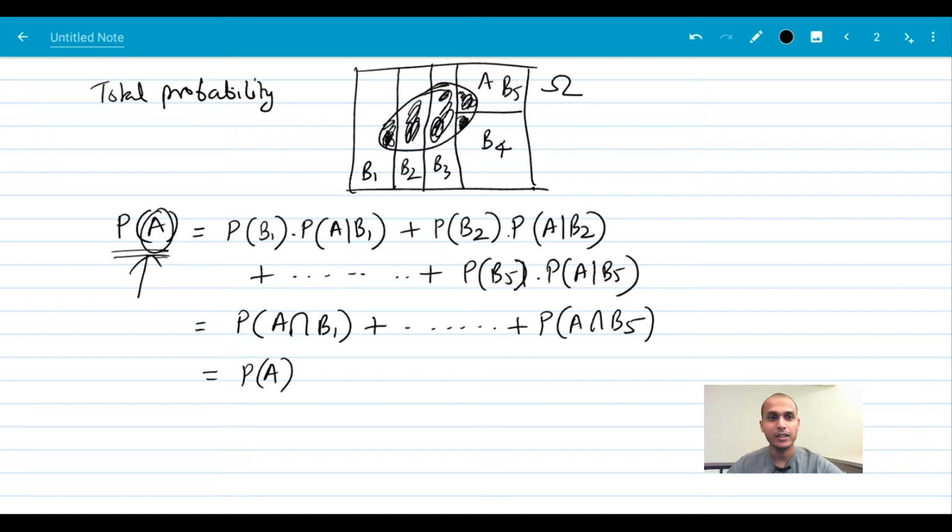You may have beliefs on just the outcomes, which are the elements of the sample space, and you have figured out an event of interest, maybe event A, and you want to ascribe your belief to that event. Maybe there's no direct way to do this, but you can break it down into parts, and for each part you can easily compute your beliefs. Then you can use this total probability law to get a handle on the event of your interest.